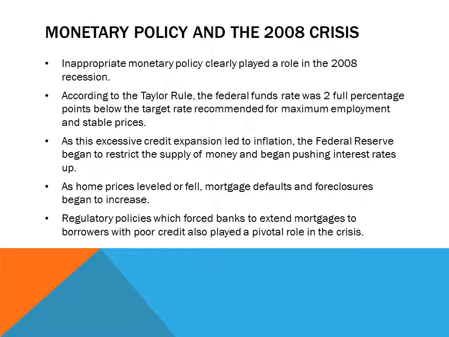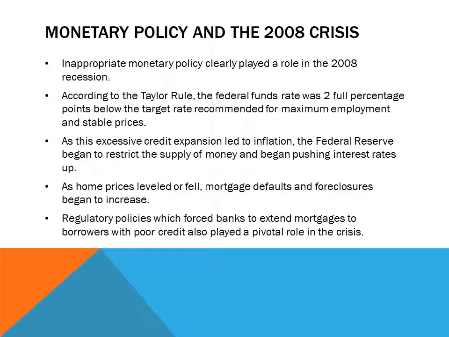Next, we should look at the 2008 Great Recession in terms of monetary policy. One conclusion which we can reach is that inappropriate monetary policy clearly played a role in the 2008 recession. According to the Taylor rule, the federal funds rate was 2 full percentage points below the target rate, which is recommended for maximum employment and stable prices.